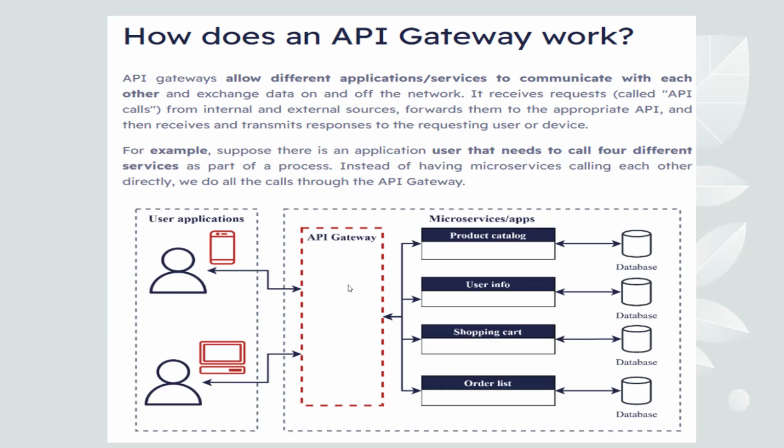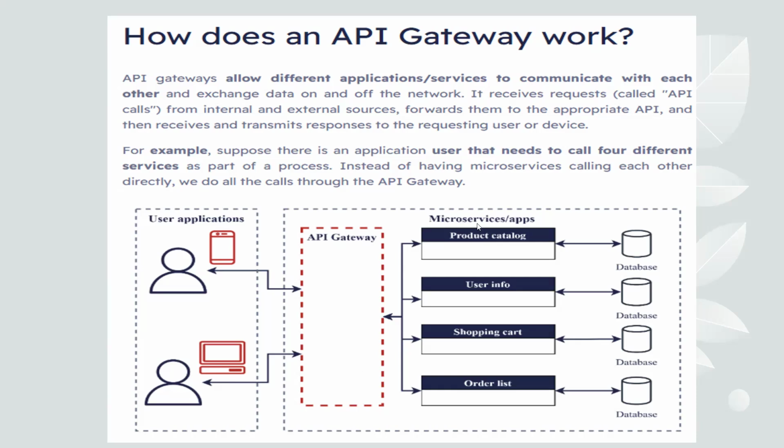If the user is asking for his profile, it will route the request to the user profile microservice. If the user is looking for shopping stuff, it will route the request to the shopping service itself. If a customer is ordering something, the API gateway can route the request to the order collection microservice.